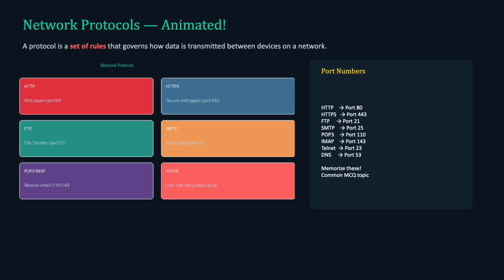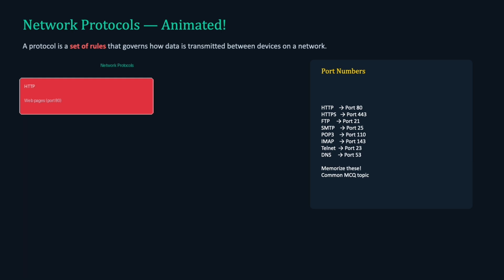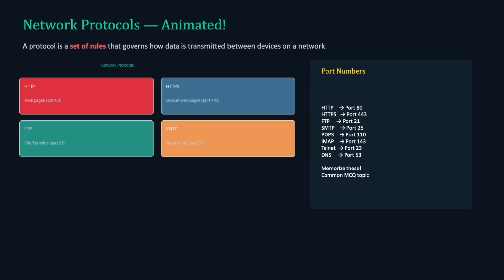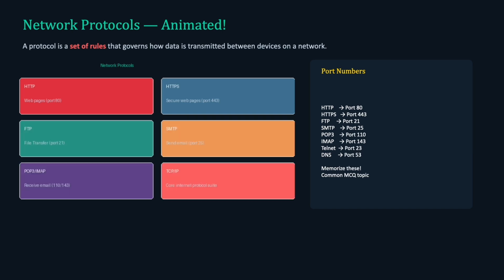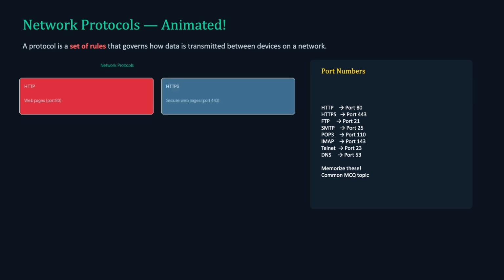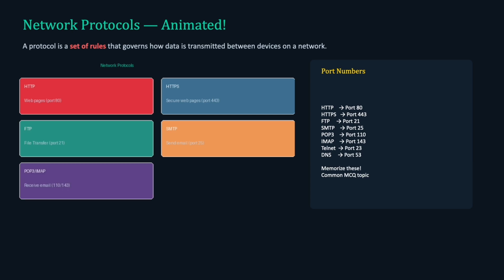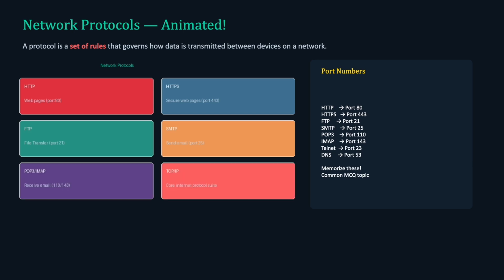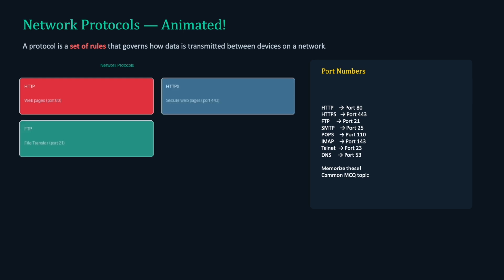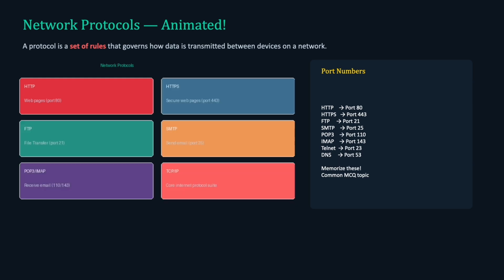A protocol is a set of rules that governs how data is transmitted between devices on a network. Watch the six protocols appear. HTTP handles regular web pages, uses port 80. HTTPS is the secure version with encryption, uses 443.